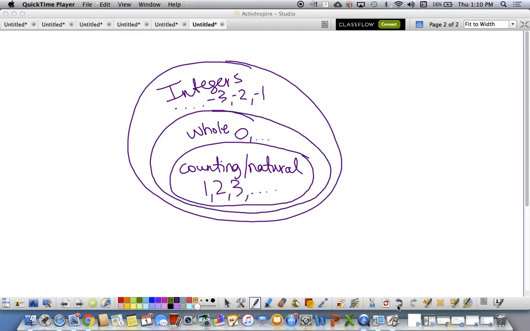A pre-algebra book asks, what number is a whole number that's not a counting number? 0. Counting numbers are the numbers you can actually count with. Whole numbers include 0. Integers include all of that plus the negatives. So really, the definition of integers is the counting numbers, their opposites, and 0.